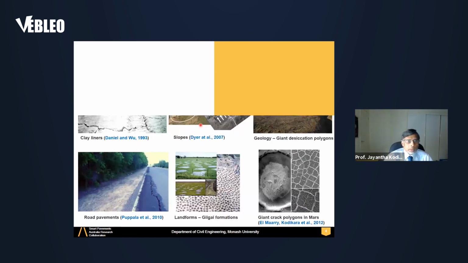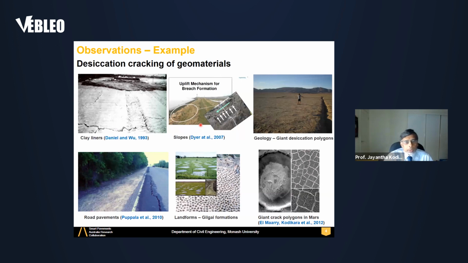So the phenomenon, as you can see in these pictures. On the left-hand top, clay liners. Soils crack when they dry. In this example, what you see is a clay liner built in a landfill, which has cracked when it was exposed to the atmosphere for an extended period of time.